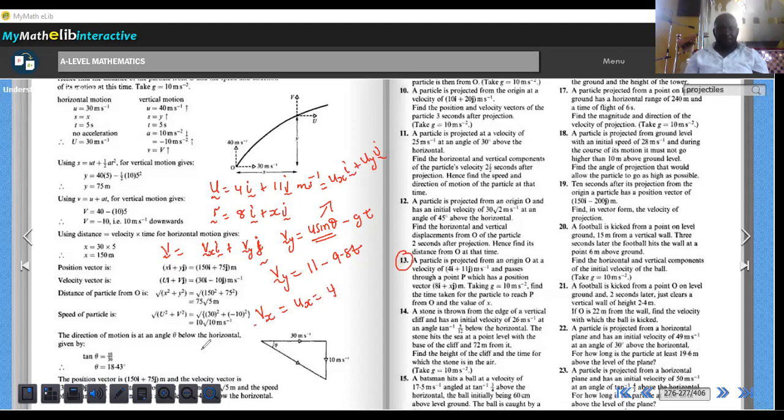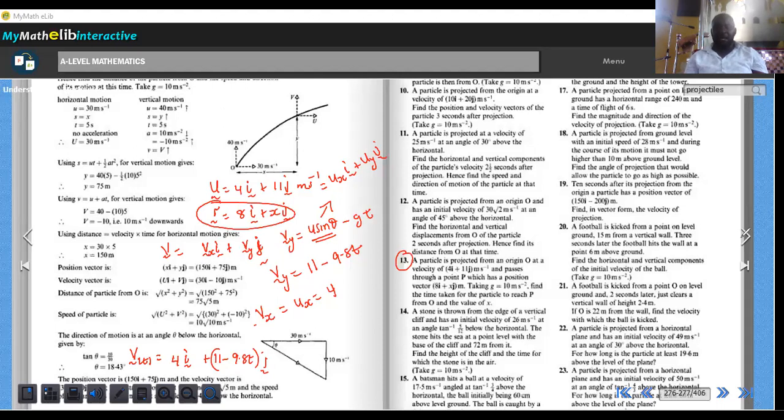Therefore, the velocity at any time is given by 4i plus (11 minus 9.8t)j. But having seen that, they have said find the time taken for the particle to reach P. It passes through P, which has a position vector.